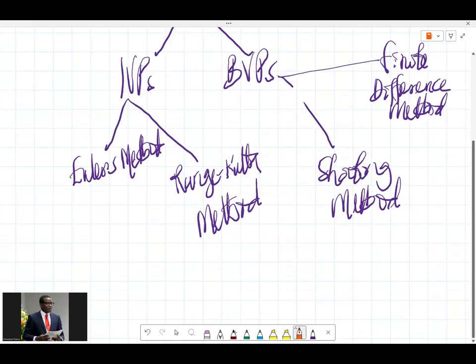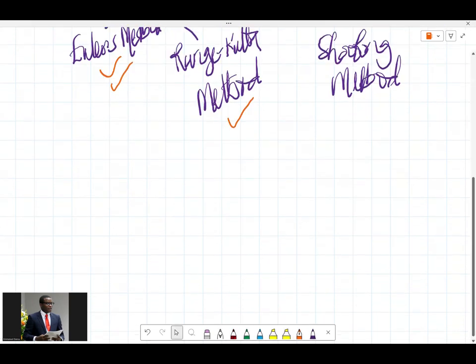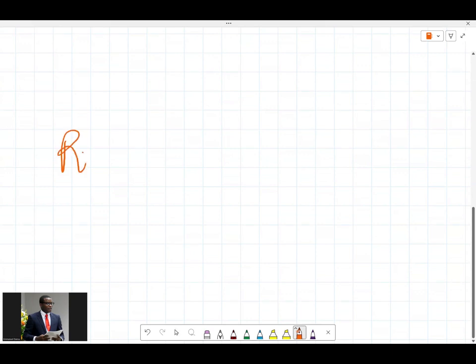So far, we have dealt with Euler's method, and our focus now turns to the Runge-Kutta fourth order method.